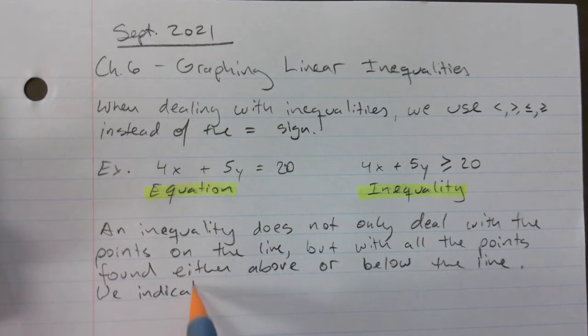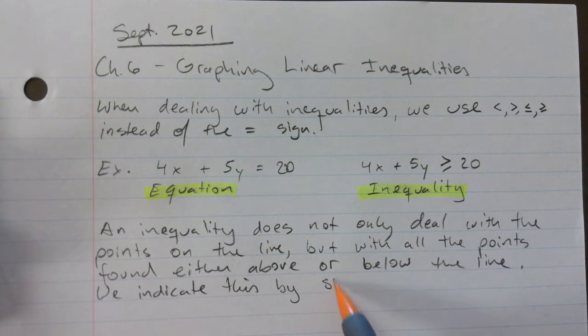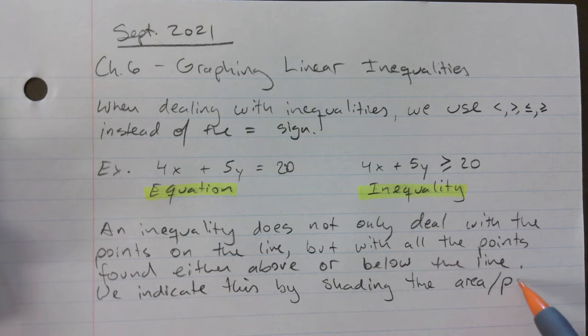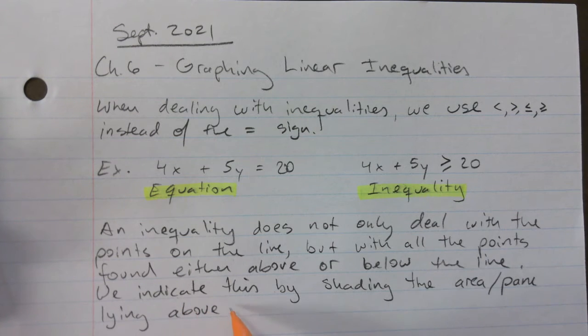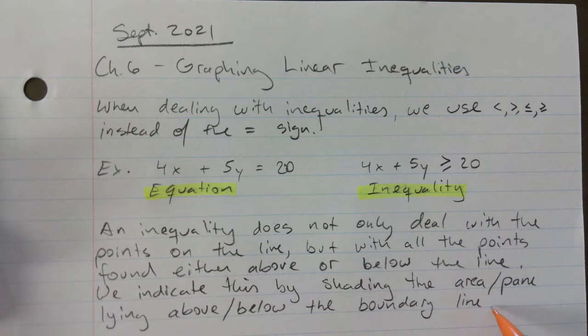We indicate this by shading the area or pane lying above or below the boundary line. Boundary line is probably important.